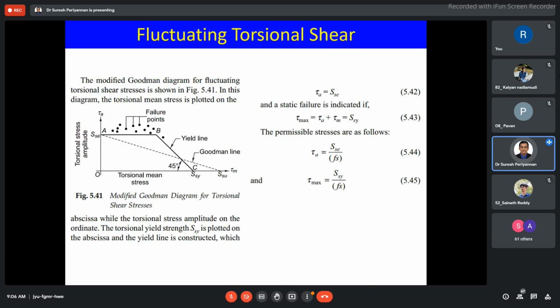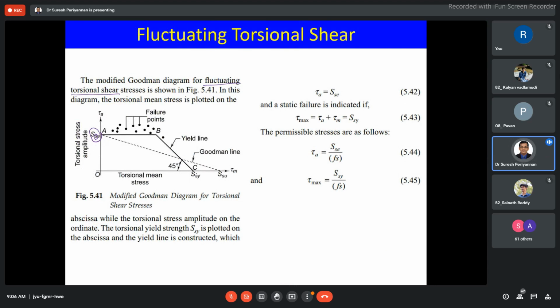Here, for fluctuating torsional shear, I am putting SSE. SSE, we already discussed in the beginning, is the endurance limit corresponding to fluctuating torsional stresses.